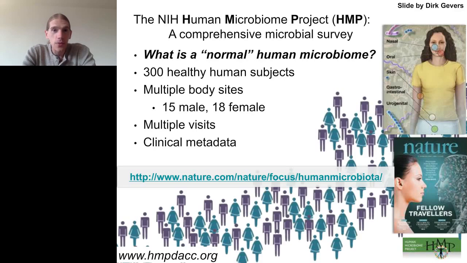The original series of HMP publications included between 5,000 and 6,000 amplicon sequenced data sets, if you multiply out individuals times time points times body sites, and about 700 metagenomes, surveying a subset of individuals, time points, and body sites.